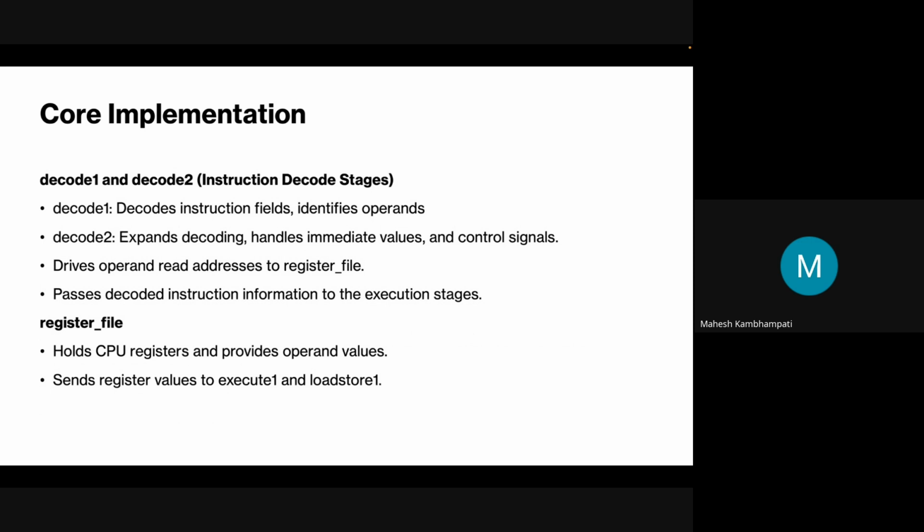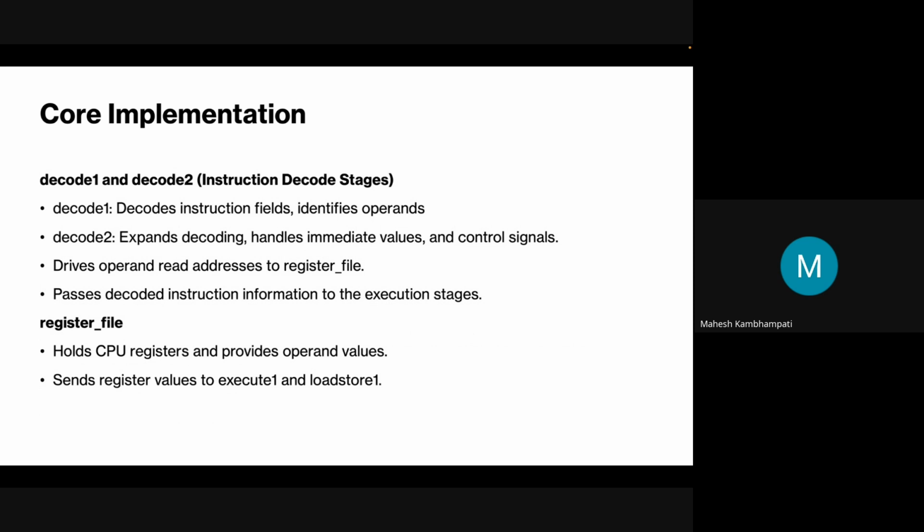These are all encoded in bit fields. So the first decode stage simply identifies the address of the registers. These addresses are fed to the address decoders of the GPRs, and then the specific data in the registers is fed to the execute as output. Decode one does that, and then decode two.